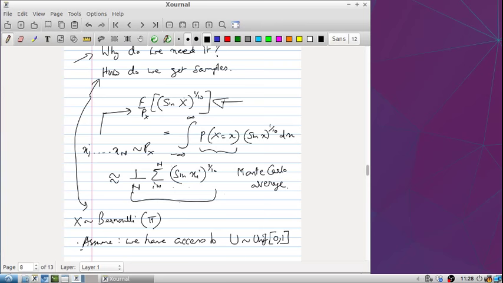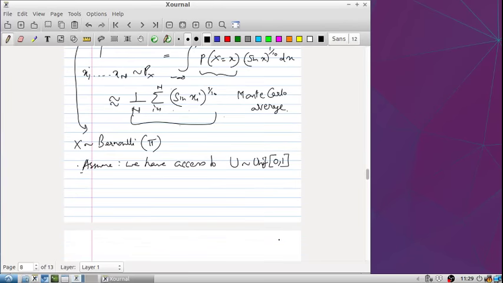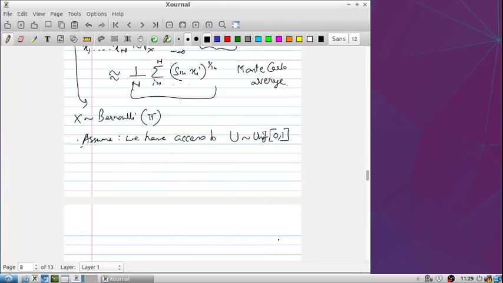So we have access to some subroutine, some function, which at least gives us a random number between 0 and 1, uniform between 0 and 1. You have to start with some base object, so let's assume we have the uniform distribution. Given the uniform distribution, I'll give you a couple of examples of how to generate any probability mass function, and let's start with the Bernoulli. So we have a random variable. So the trick here, this is one. There are many methods to sample.